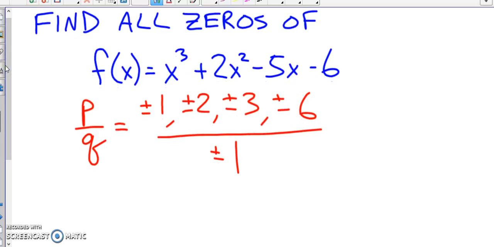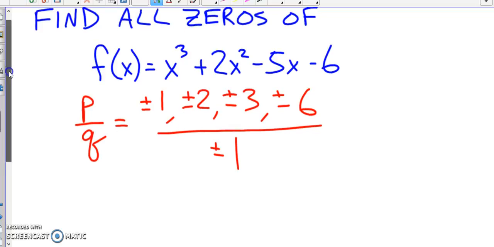All right. So basically that top part is my list. I've got 8 things on it. So if I want to find all the zeros, how might I proceed? Yeah, synthetic division, and I'm just going to start trying different pieces of that list out. What number would you like to try first? -1.